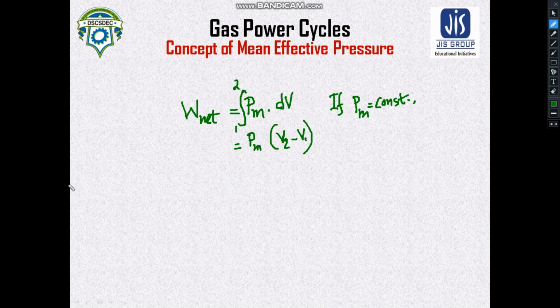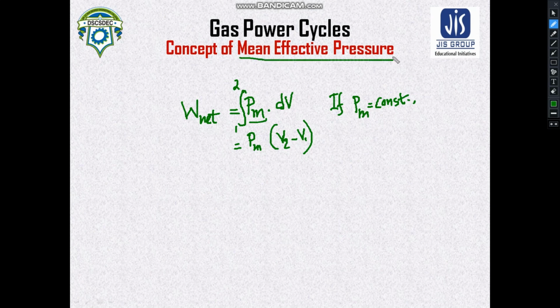Now, in the case of the Otto cycle, if we consider a constant pressure acting over the entire power stroke, and this fictitious, hypothetical pressure is doing exactly the same amount of work which the engine is performing, then this pressure is called the mean effective pressure.